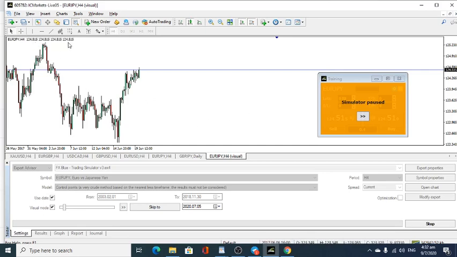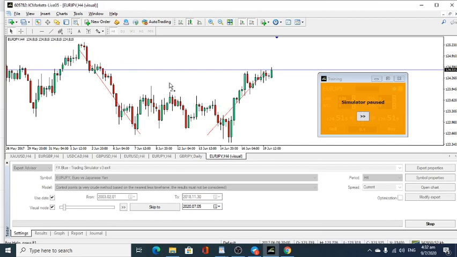So what we're seeing right now, a down wave has happened. Good. But now we are seeing an up wave. Now an up wave had happened, consolidation and up wave, and we are seeing the closing is higher, of course, so we are looking only for buy.